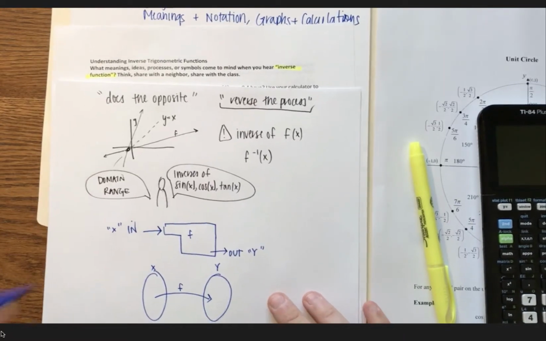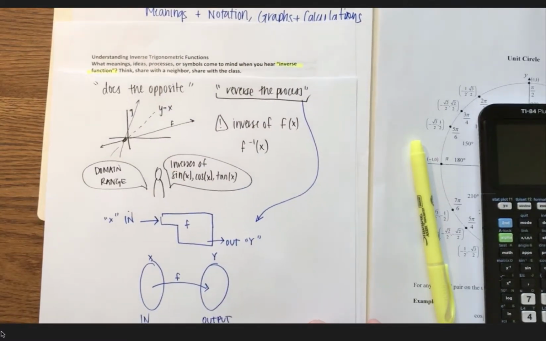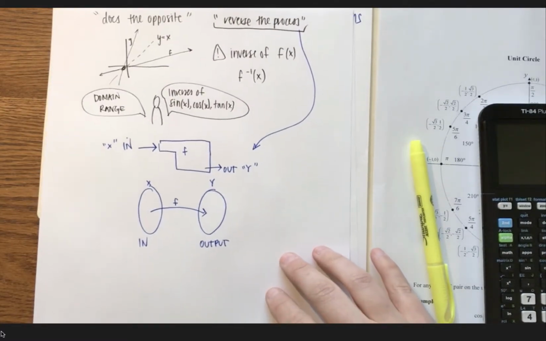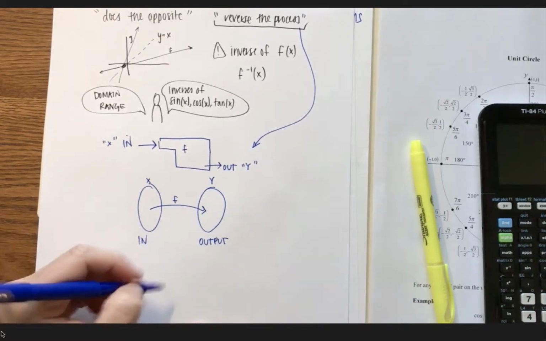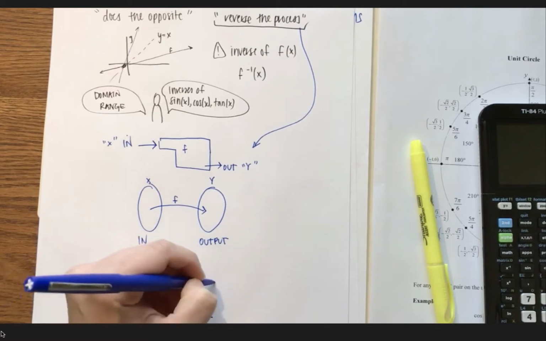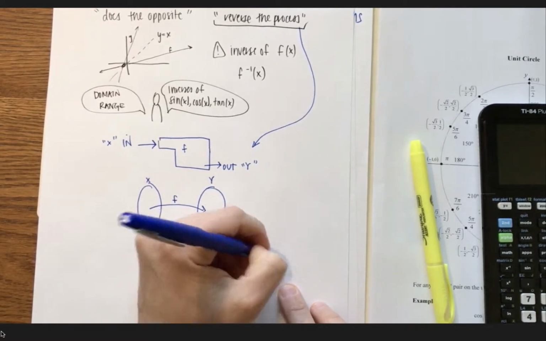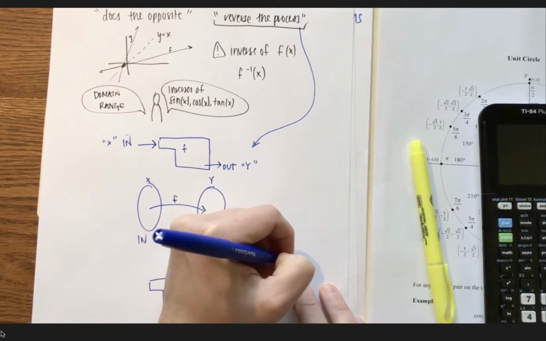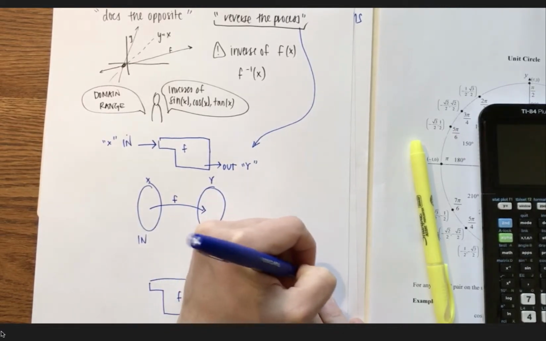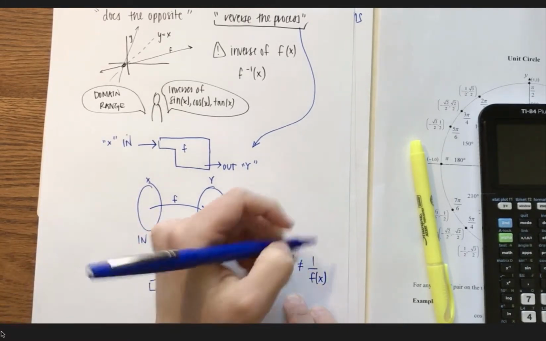So some folks think about the reverse process as inverses because essentially it reverses that function machine. So in the case of an inverse of f, f inverse, which again, just to be careful, f inverse is not the same as 1 over f. F of x is a function.